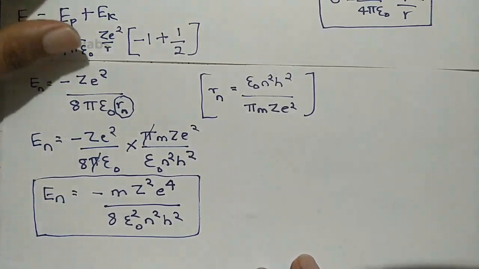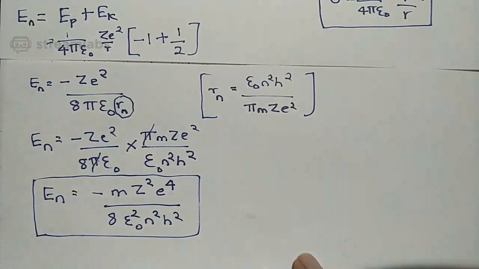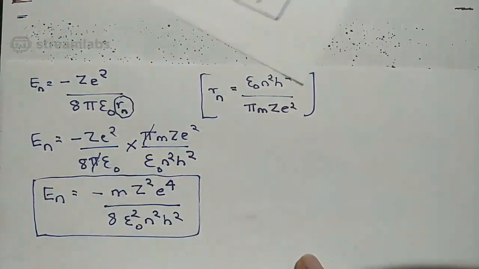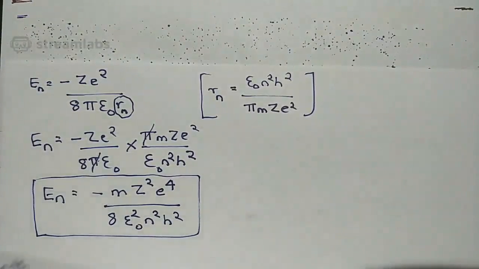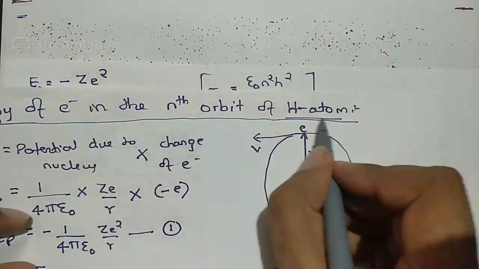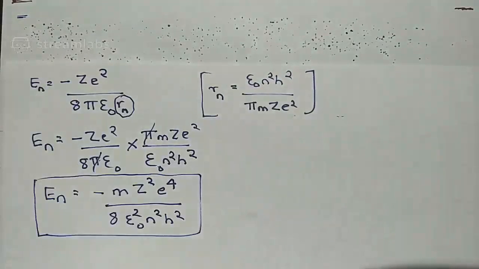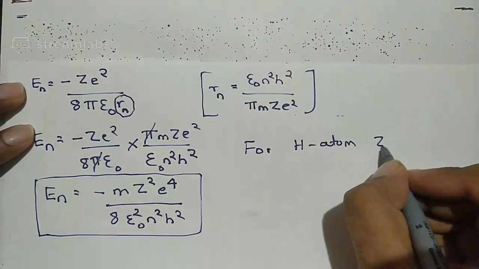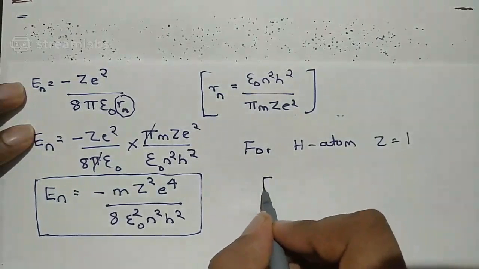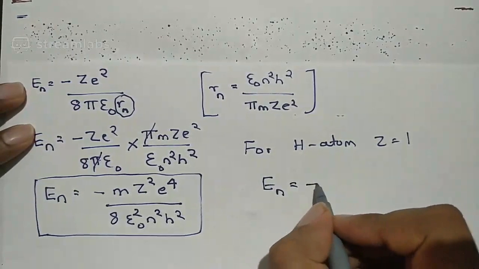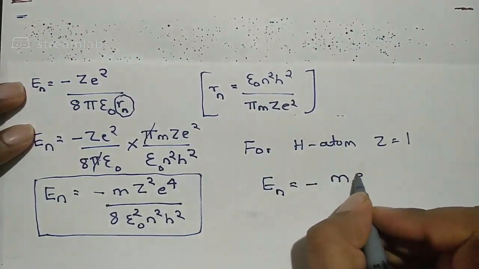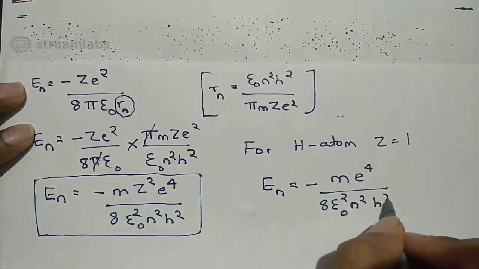If you look at the heading, I have written: energy of the electron in the nth orbit of hydrogen atom. So what is the expression for energy? Energy is minus m Z square e to the power 4 by 8 epsilon naught square n square h square.